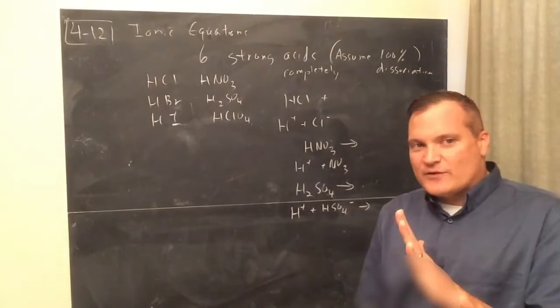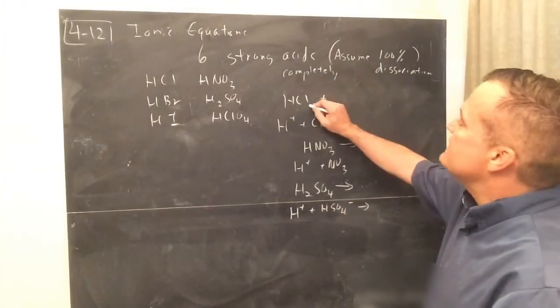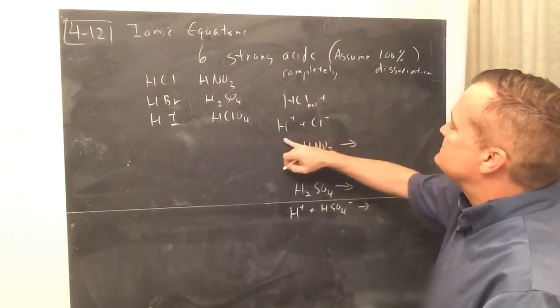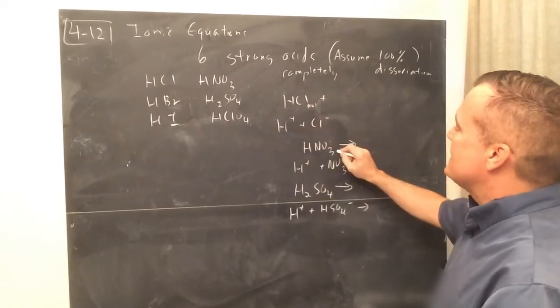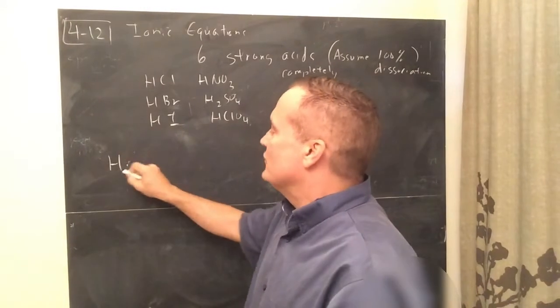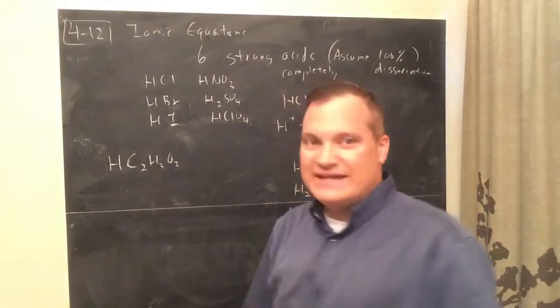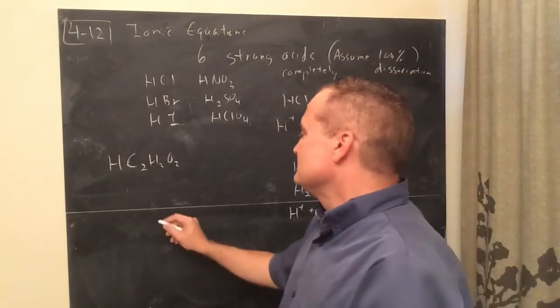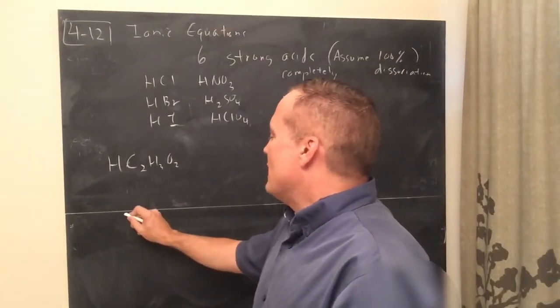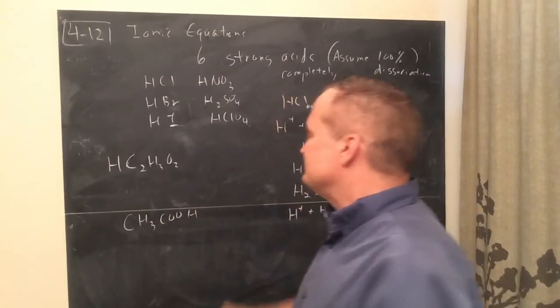If you have any other acid, you do not break them up. It's really strange. HCl aqueous is H plus aqueous, Cl minus aqueous. HNO3 aqueous is H plus aqueous and NO3 minus aqueous. But let's say you have vinegar, which is HC2H3O2. Acetic acid is another name for that. Another way to write it is CH3COOH.